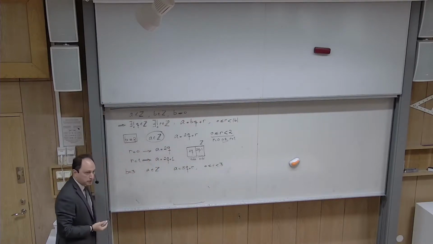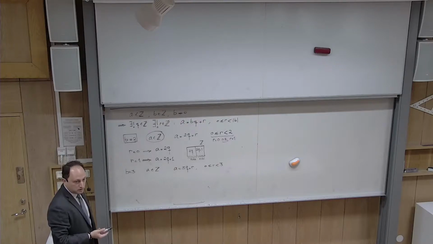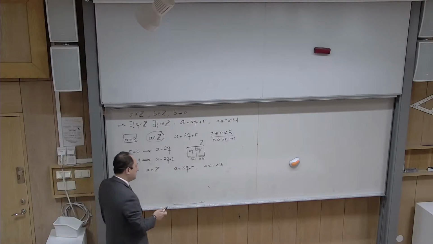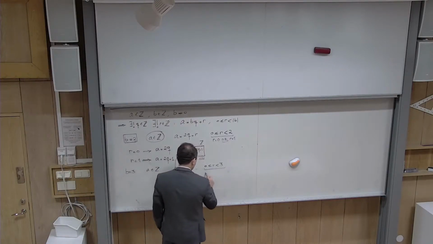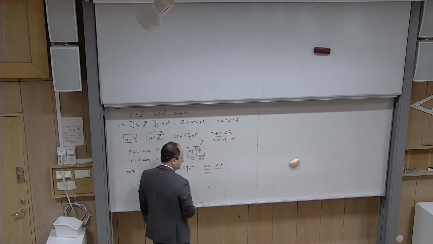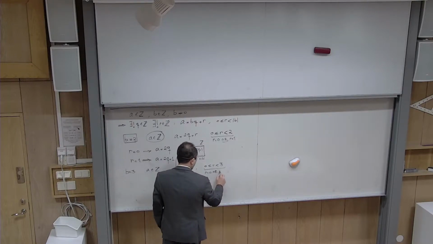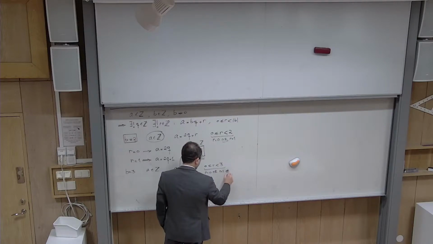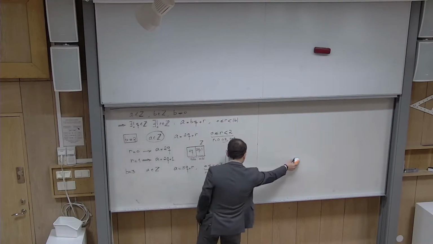So how many possibilities are there? This time 3 possibilities, yes? So either r is 0, or r is 1, or r is 2.